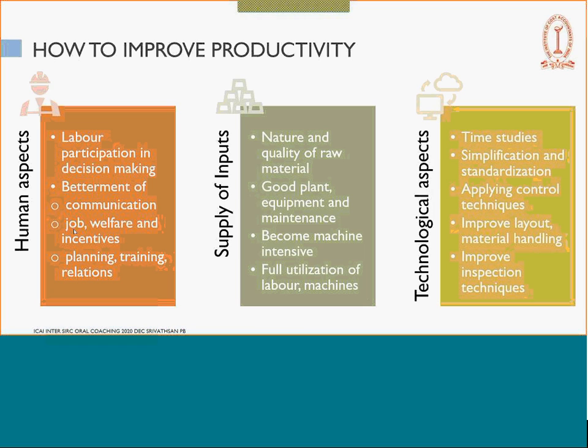Division of labor. You were taught it in economics, right? Division of labor. Split the whole process into multiple parts. Suppose the same person is to assemble an entire car, thousands of components.